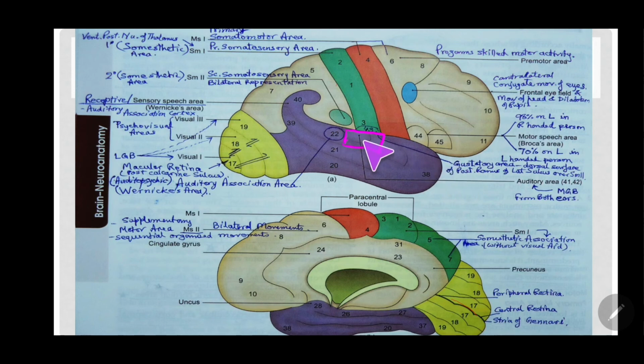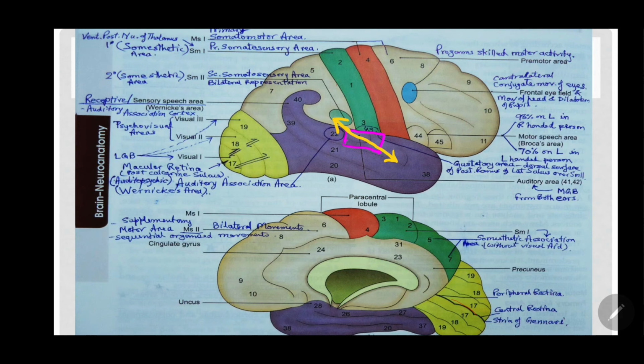So the relay of fibers, let me use another color so that it becomes more visible. This is how there is a representation of the spatial orientation of the auditory pathway. So the auditory radiations, the fifth order neurons from the MGB, relay here.